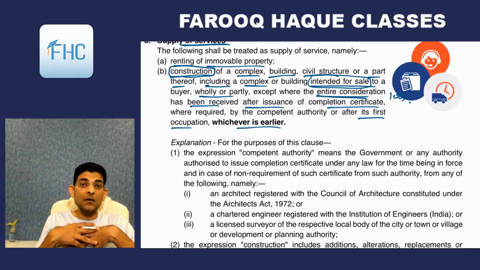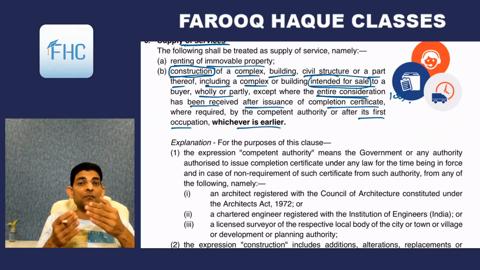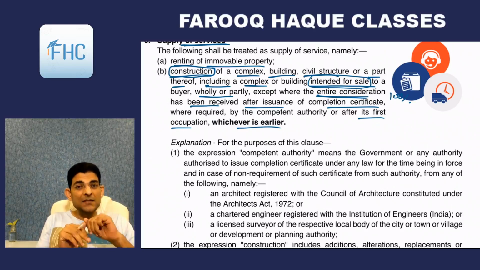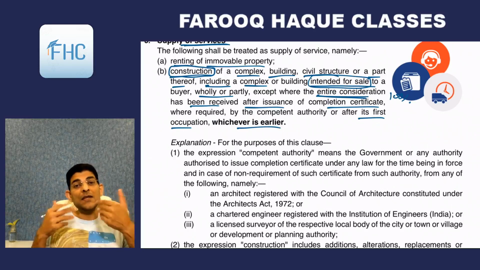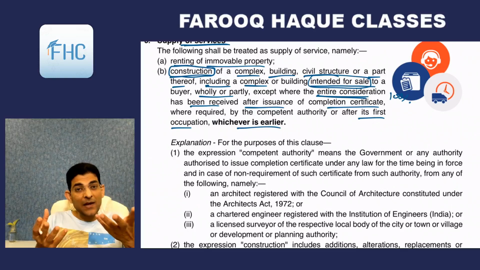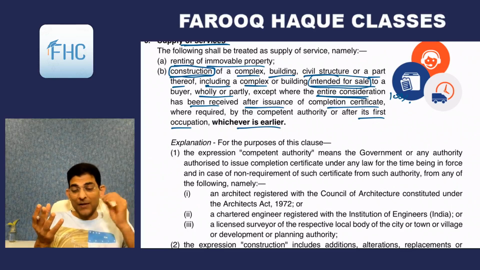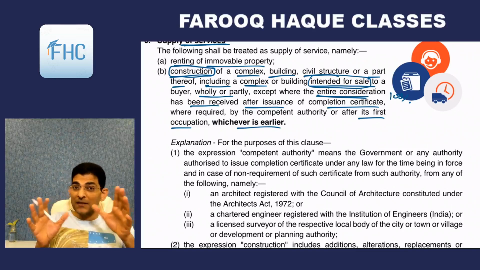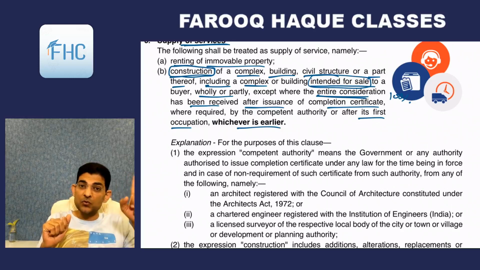So in that case, construction is finished. After construction is finished, the service ends, then I sell. So then that sale will be a sale and not service. Understood? And sale of building is by itself not taxable in GST. It is taxable to stamp duty.